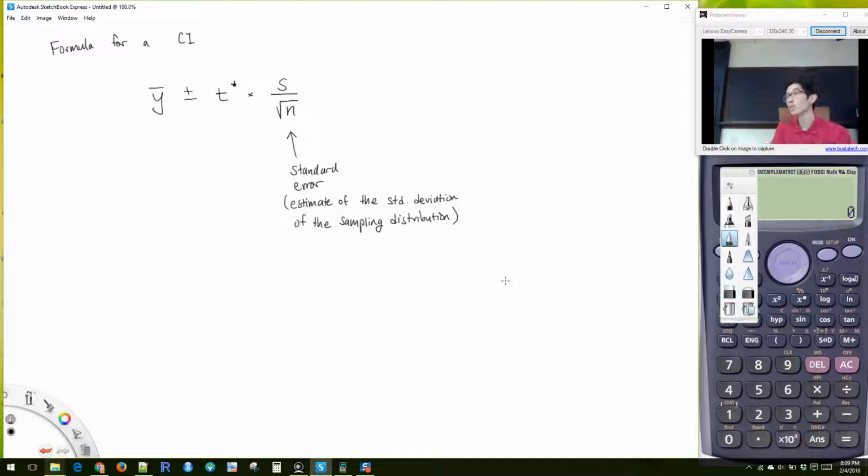So the sampling distribution is the normal distribution that describes where the values of the different sample means, y bars, could be. And so this s over the square root of n is our estimate of this value. Okay, because the true value is what? The true value of the standard deviation of the sampling distribution is sigma over the square root of n, right?